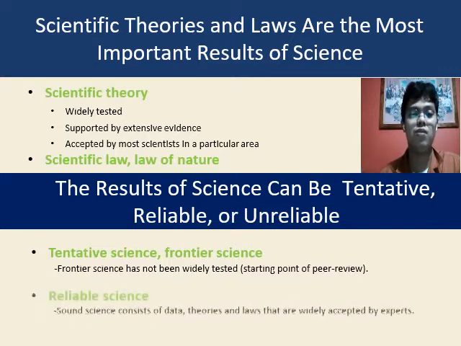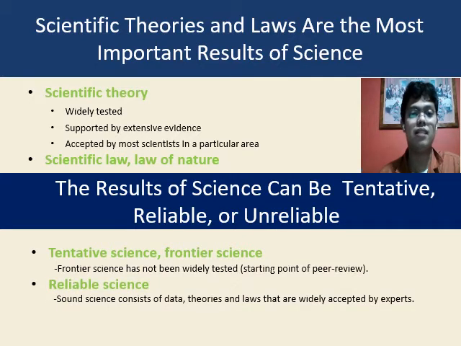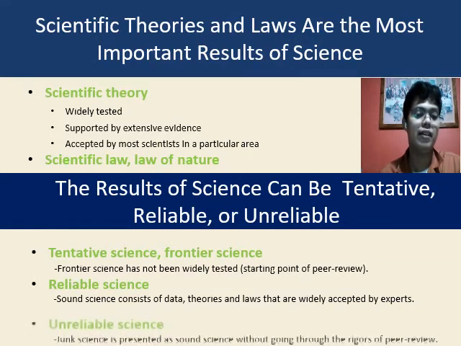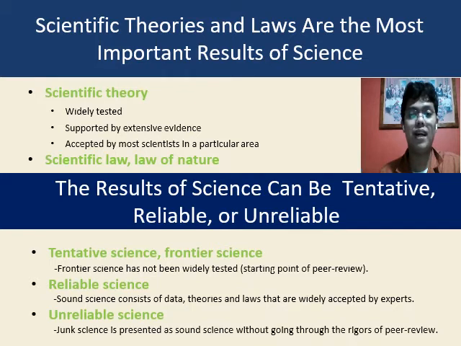And the next one is reliable science. It's sound science that consists of data, theories, and laws that are widely accepted. And then we have unreliable science, or junk science. It is presented as sound science without going through the rigors of peer review.